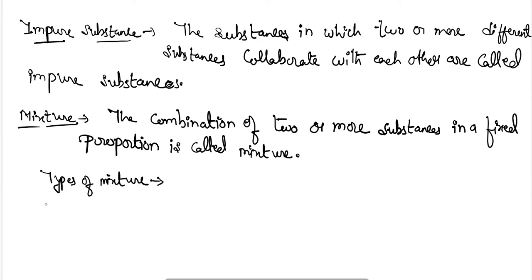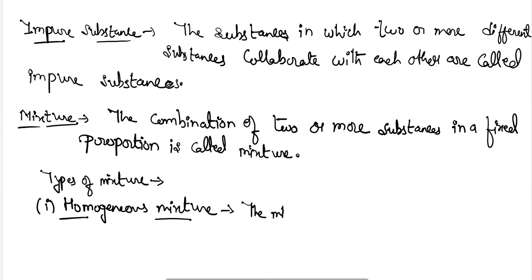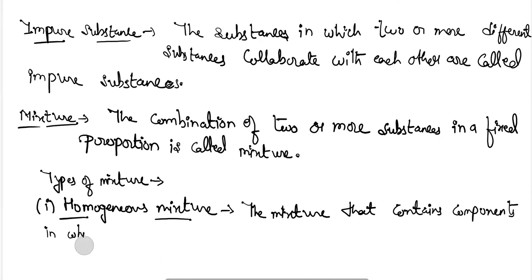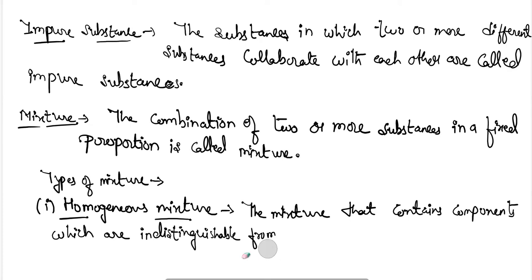The first type is the homogeneous mixture: a mixture that contains components which are indistinguishable to our naked eyes.